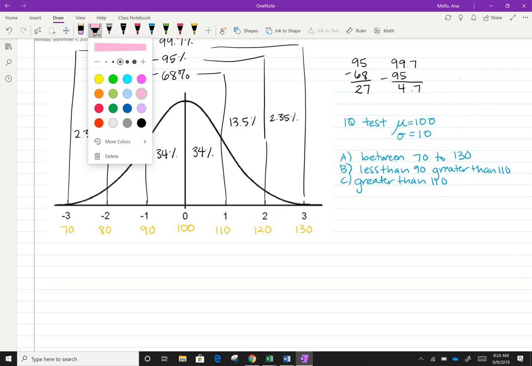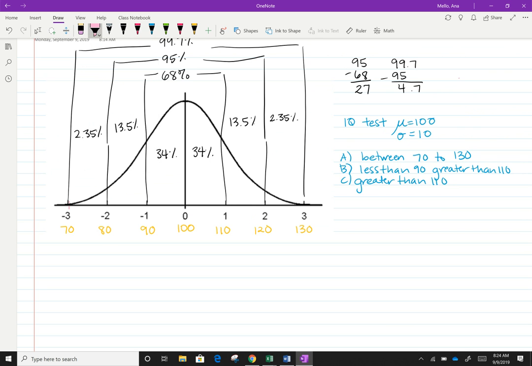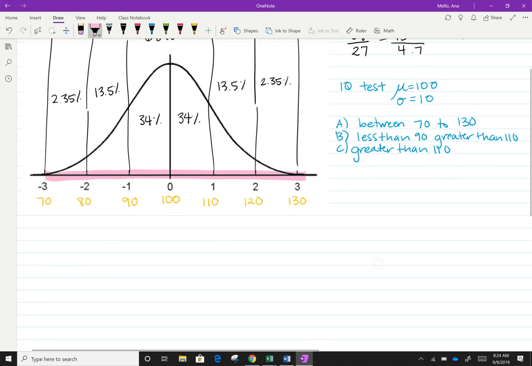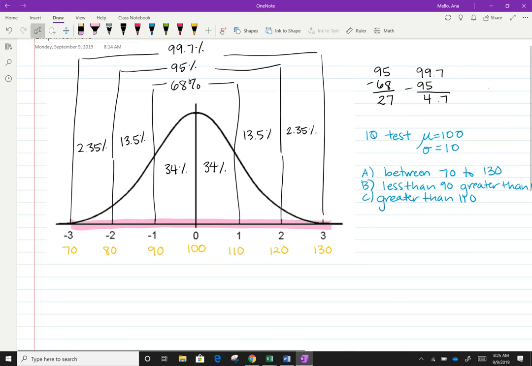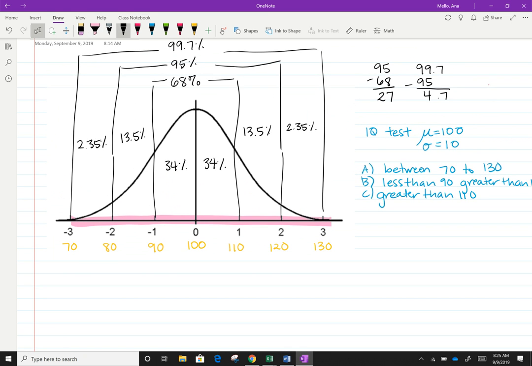So 70 to 130 is this entire range here. And that entire range is 3 standard deviations from the left up to 3 standard deviations on the right. And notice at the top of my graph, I have 99.7%. So A, there is 99.7% of the population that fall between 70 to 130.